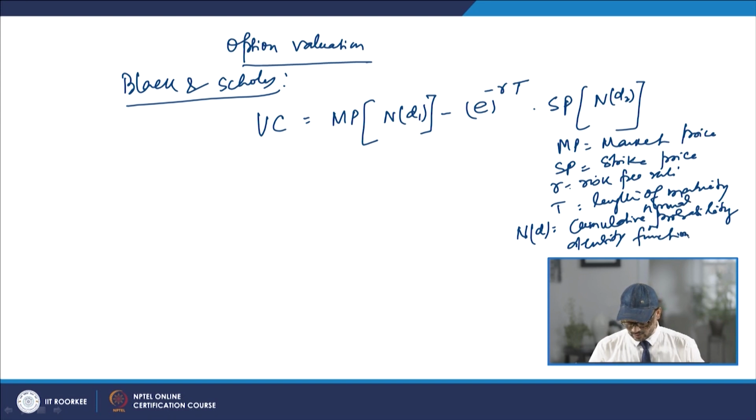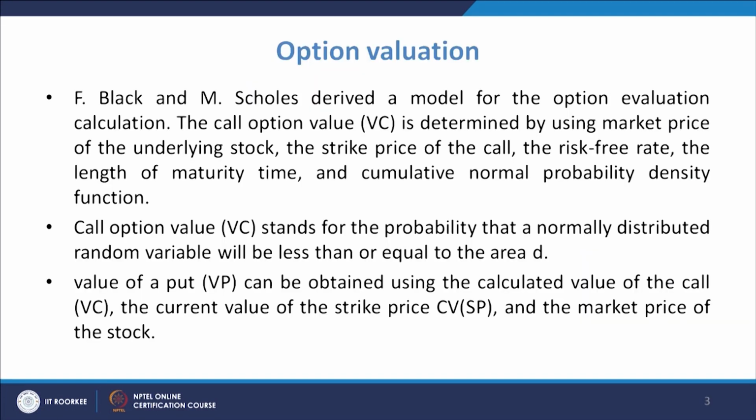This VC stands for the probability that a normally distributed random variable will be less than or equal to the area D. D is calculated as D1 and D2, and that is seen from a table, and that value is used for finding the VC. What we do for that, we first find D1.